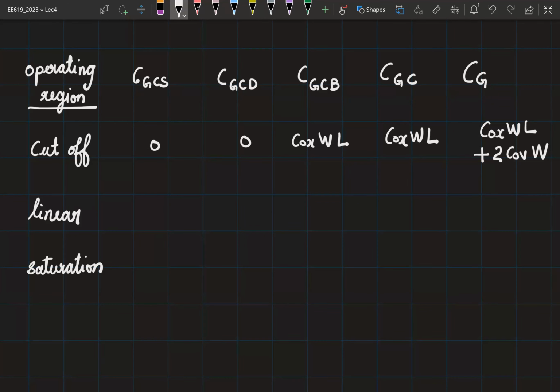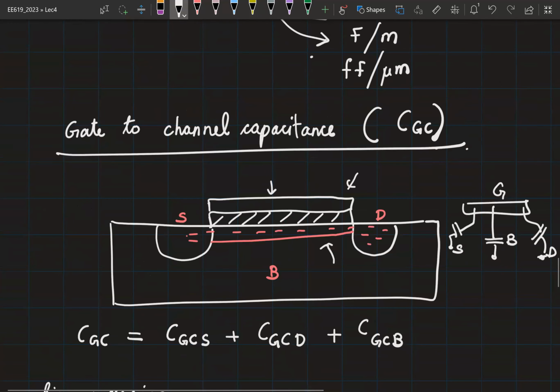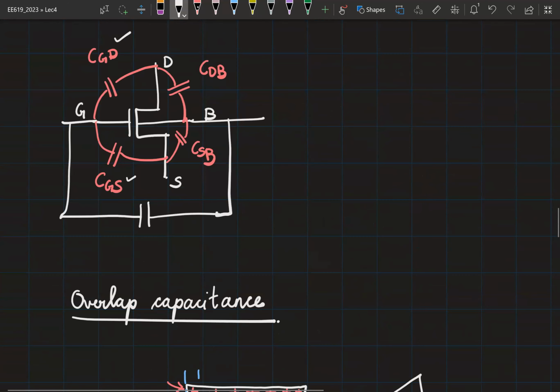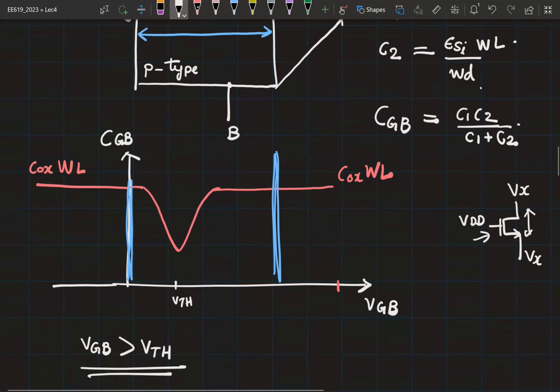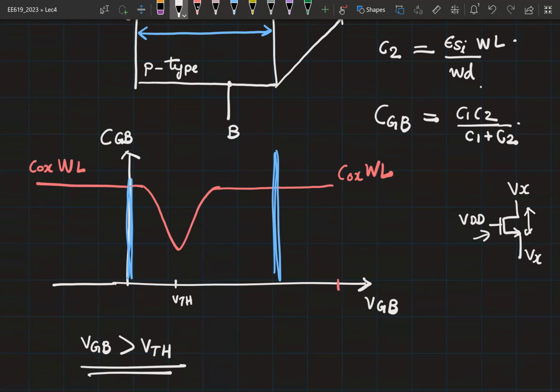So if your VGS is equal to 0, right? So in this plot, if your VGS is around 0, then the depletion region is actually very negligible. If VGS is coming closer to VTH, then you will see a drop in capacitance.